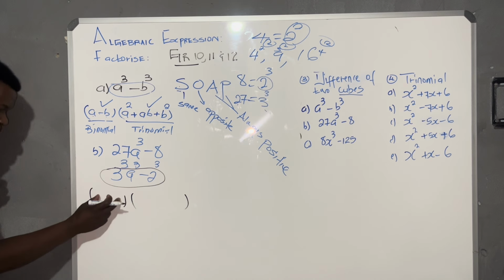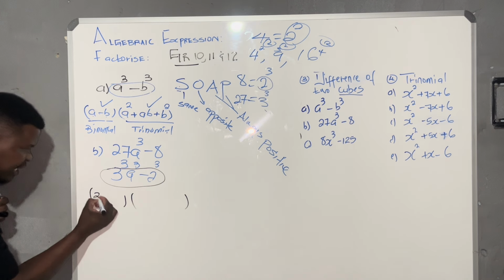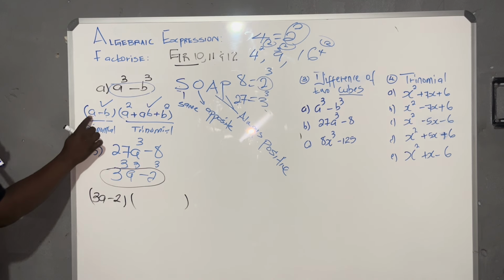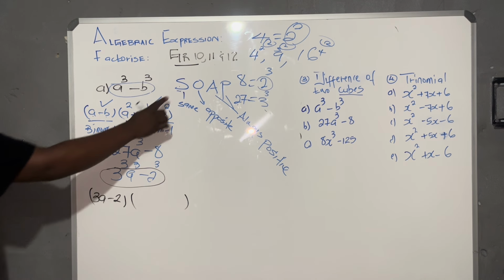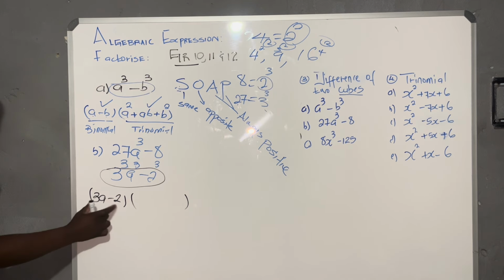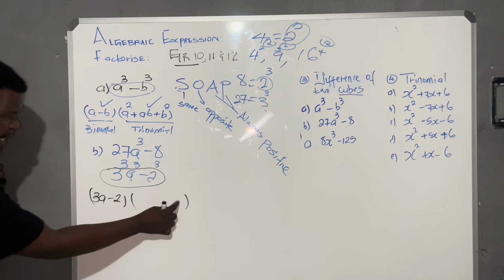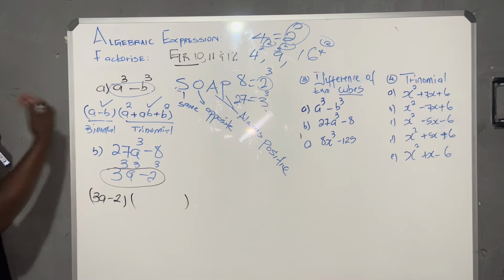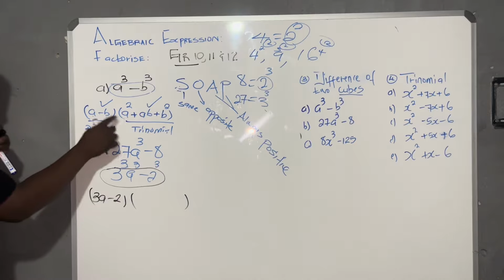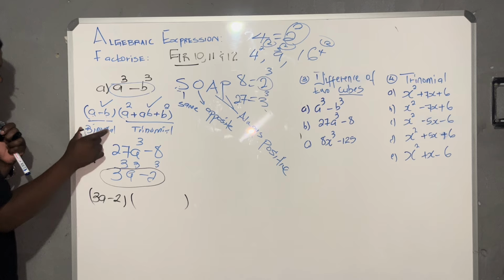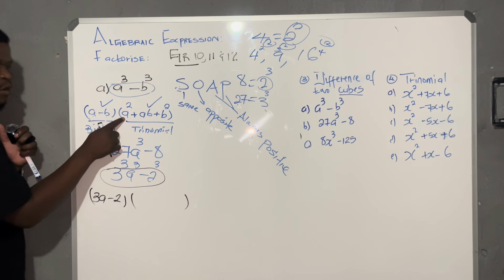I already have my binomial there, which is 3a minus 2. Here we had a minus b. When we say the same, this sign, we take the whole thing, it becomes the same. The sign remains the same as the original. Now, here, what do we put? If you followed me, what we did here, then we do the same. We said the first one, according to the binomial, becomes the first one of the trinomial.